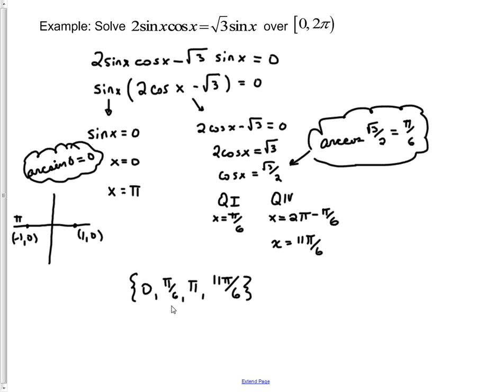If we were to put in pi over 6 and check that, I'll do that over here in green, we know that 2 times the sine of pi over 6 times the cosine of pi over 6 should give us the same thing as the square root of 3 times the sine of pi over 6.